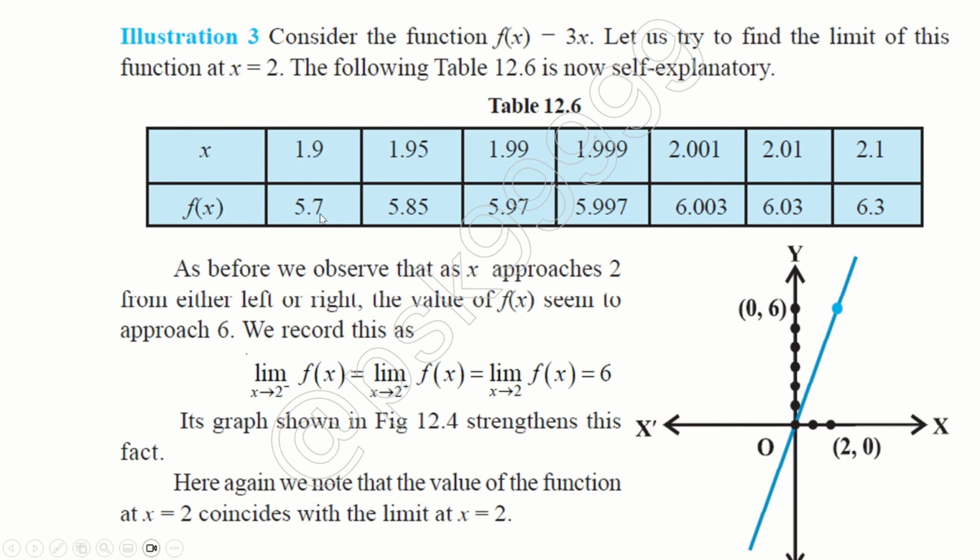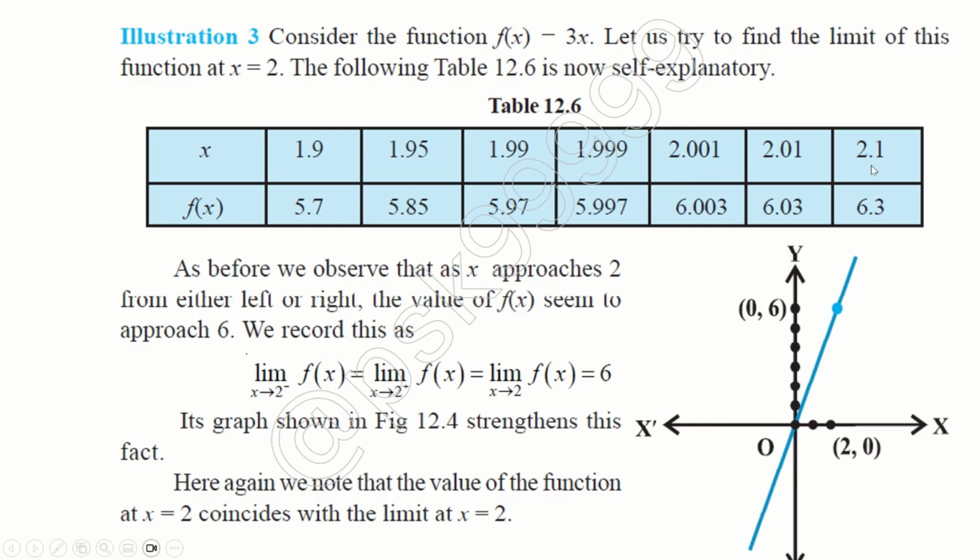But at 1.9 it is 5.7, at 1.95 it is 5.885, just slightly before 2 it is 5.997, and just more than 2 it is 6.003. So it is very clear that at x equal to 2 the value will be close to 6. Correct? So the limit as x tends to 2, f of x is 6. That's the limit.